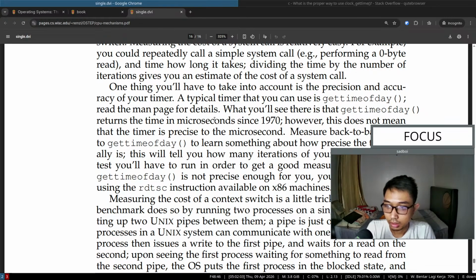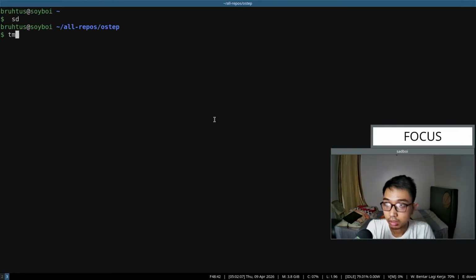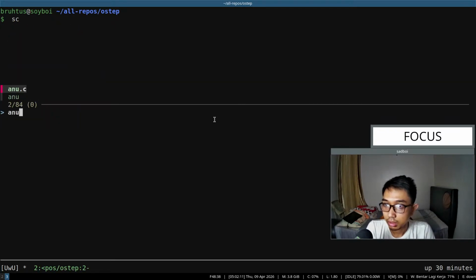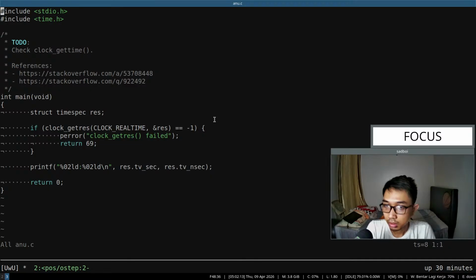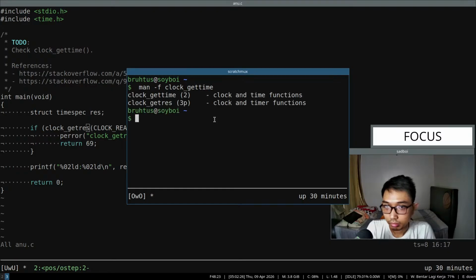Okay, let me open my terminal emulator here. Previously we already tried clock_getres. Now let's try clock_gettime.